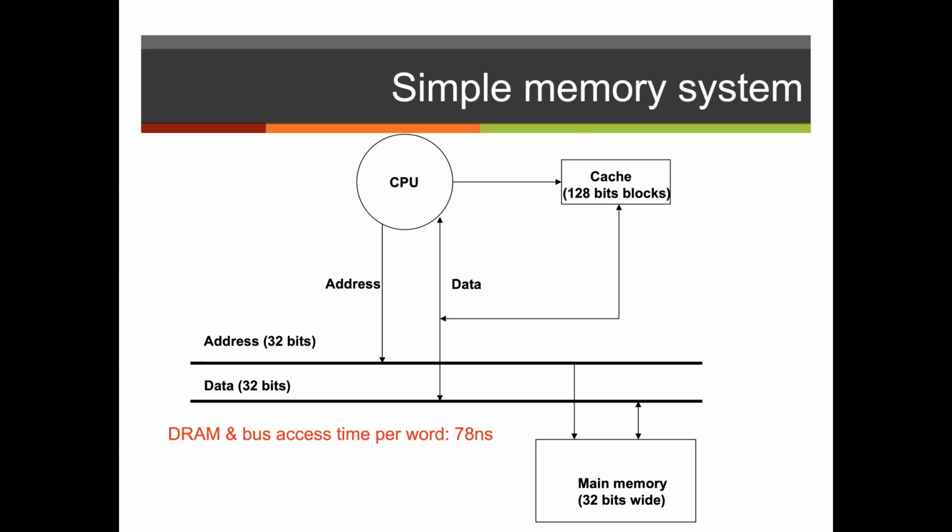And so let's assume that we have DRAM with an access time of 70 cycles, and we have a bus cycle time of 4 cycles.